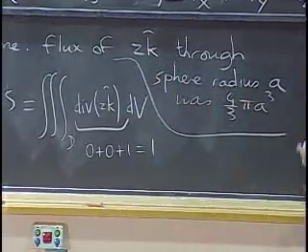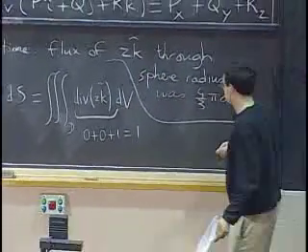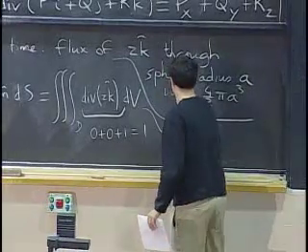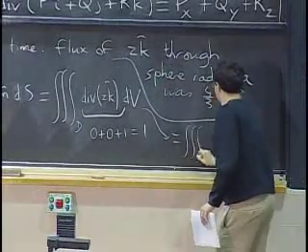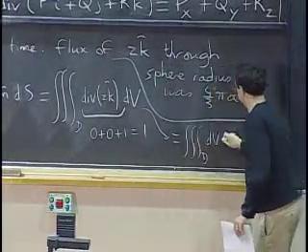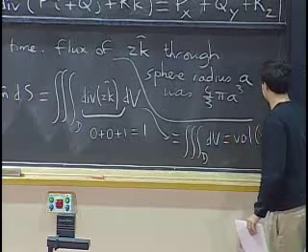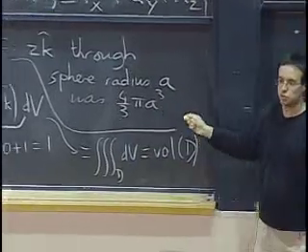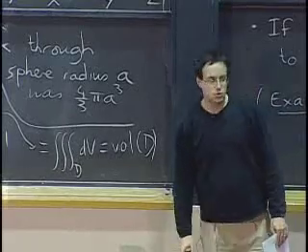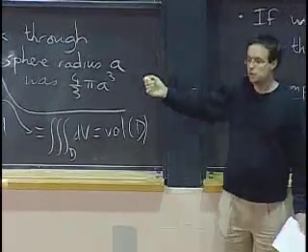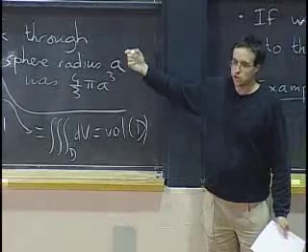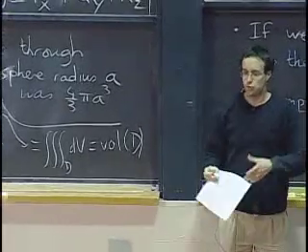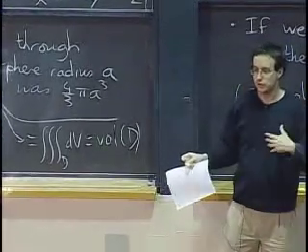So if you do the triple integral of 1 dV, you will get just the volume of the region inside, which is 4/3 pi a cubed. And so it was no accident. In fact, before that, we looked at also x i plus y j plus z k, and we found 3 times the volume. That's because the divergence of that field was actually 3.